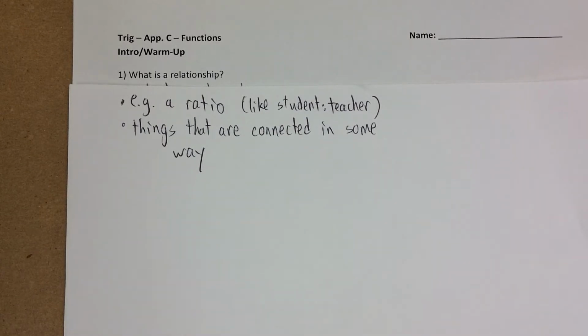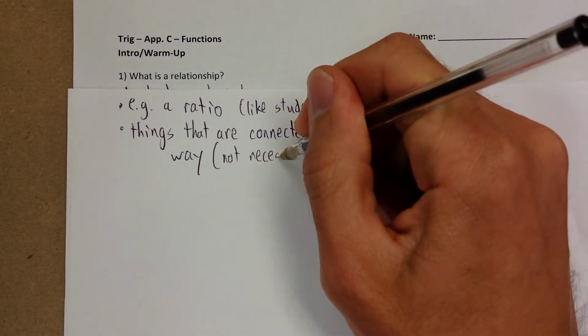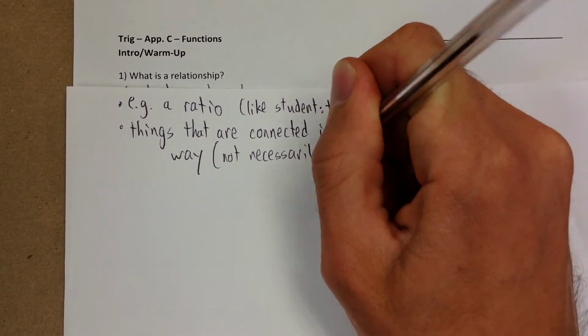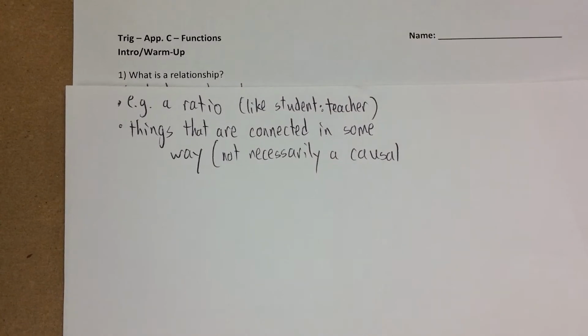It doesn't necessarily mean that there's a cause and effect relationship. Not necessarily a causal. A lot of people will see that word and say, that's not how you spell casual. I'm not trying to say casual. It's causal, of relating to cause.